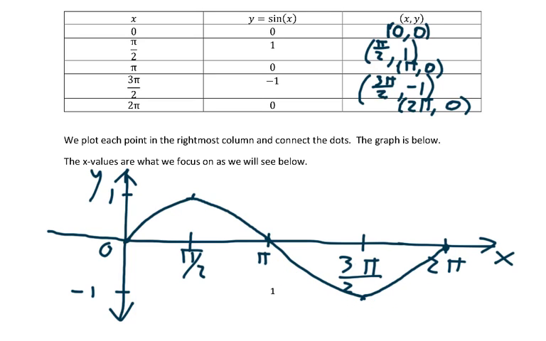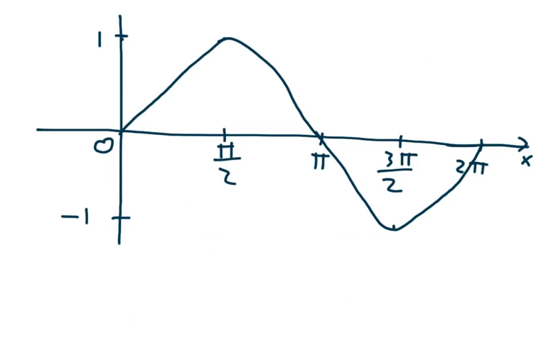That's what the sine graph looks like on the interval from 0 to 2 pi. So this is what the graph of sine of x looks like on the interval from 0 to 2 pi.